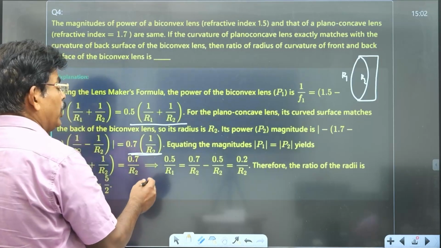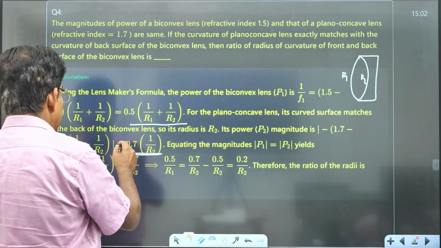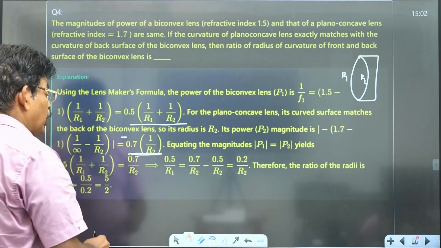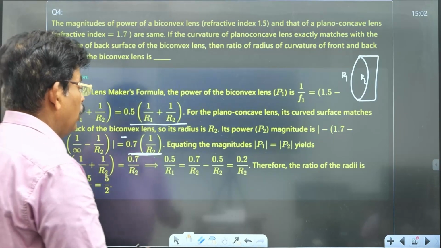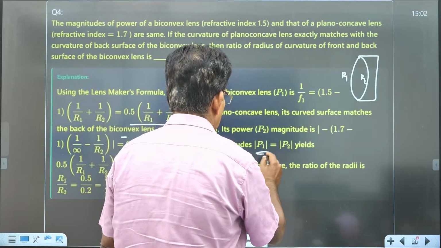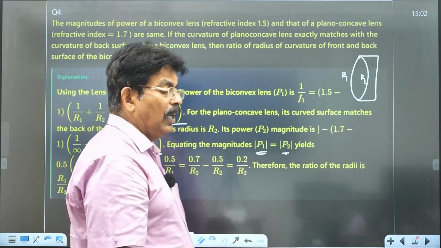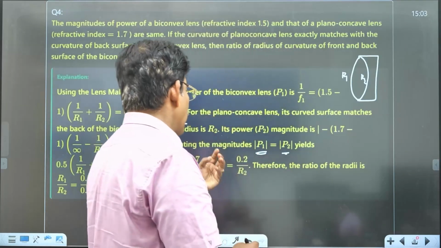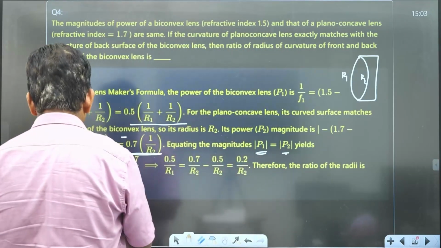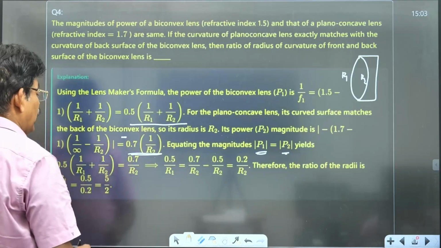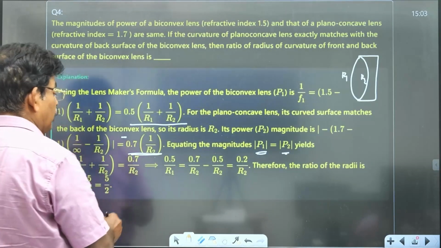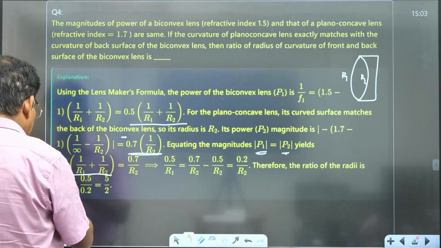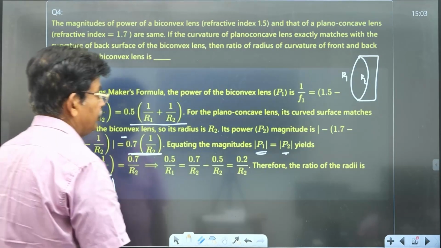And we are equating only the magnitudes. It is a negative sign. This is minus 0.7 into 1 by R2. And we are equating the powers. Power of convex lens and power of plano-concave lens are equal in numerical values. So power of biconvex lens, we got it as 0.5 into 1 by R1 plus 1 by R2. And this one is 0.7 by R2. Then simplifying, we will be getting R1 by R2 is equal to 5/2. Okay.